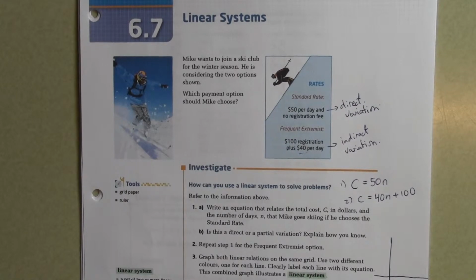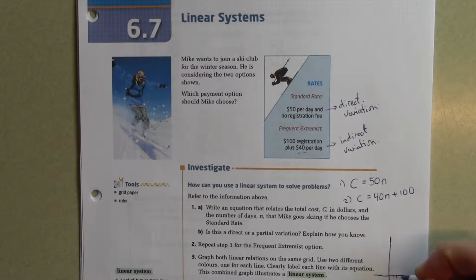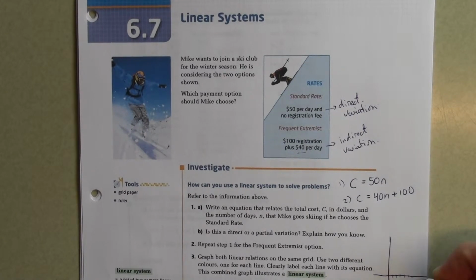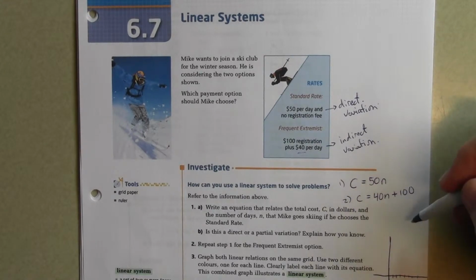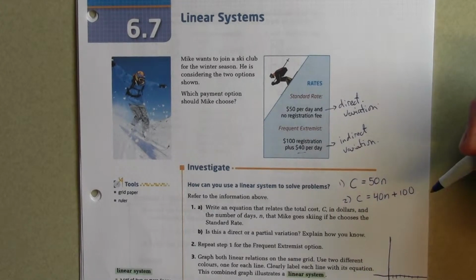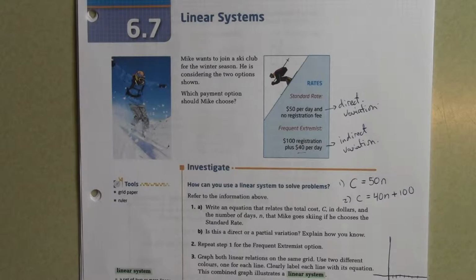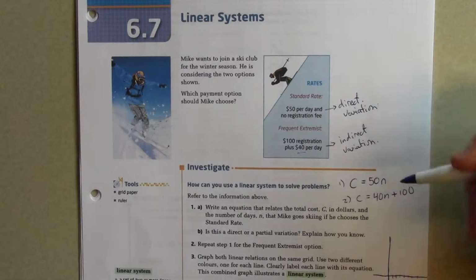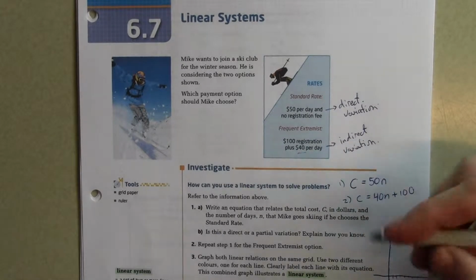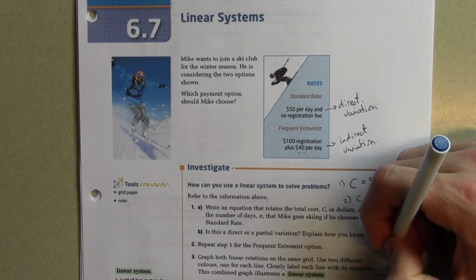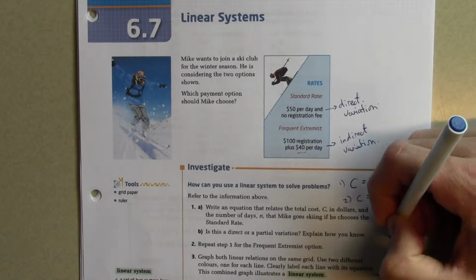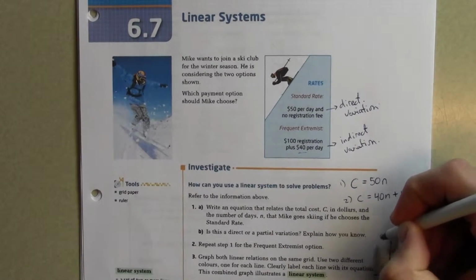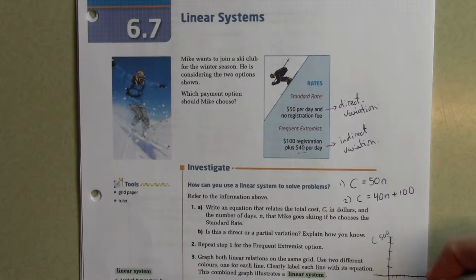Again, we'll use a maximum of, say, 7 days. And then cost, if it's $50 per day, 7 times 50 is going to be 350, so say 500. There's our cost and there's our days.